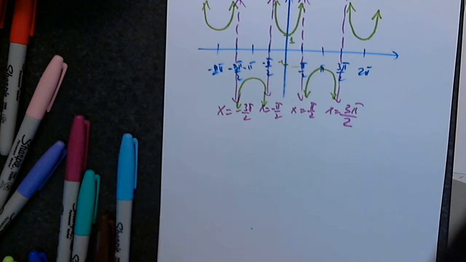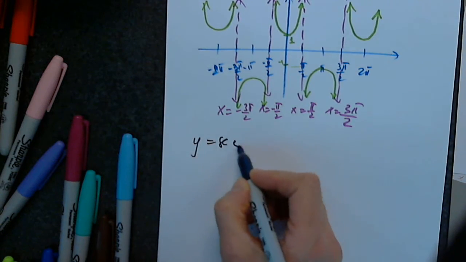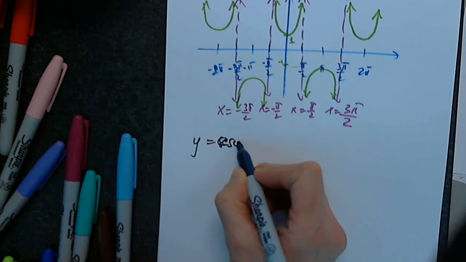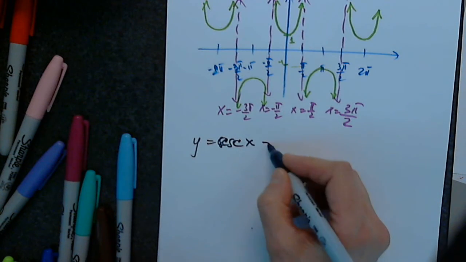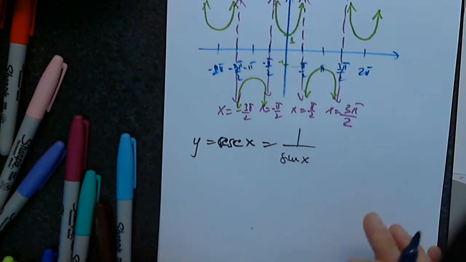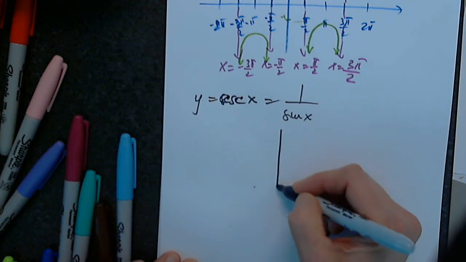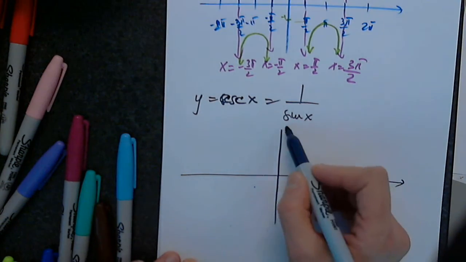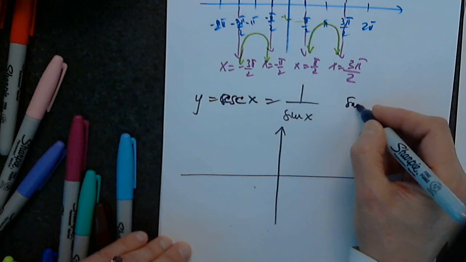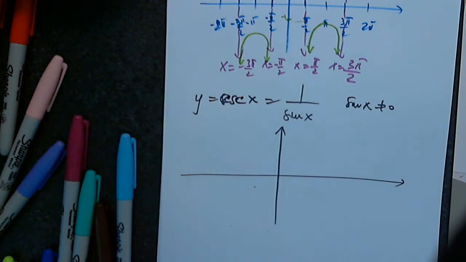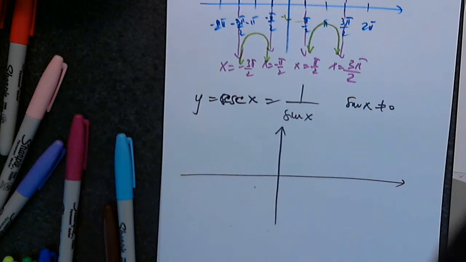Okay, let's look at the last one. So y equals cosecant x, which is 1 divided by sine x. And we know that sine x cannot be 0. Where is sine 0? So I can put vertical asymptotes.